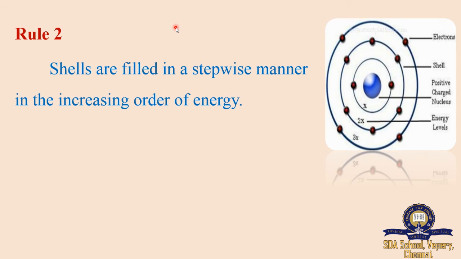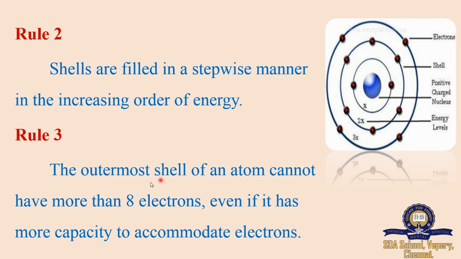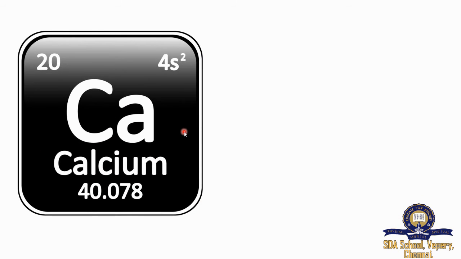Let's move to rule 3. Rule 3 states that the outermost shell of an atom cannot have more than 8 electrons, even if it has more capacity to accommodate electrons. For example, let us take the element calcium, having 20 electrons.